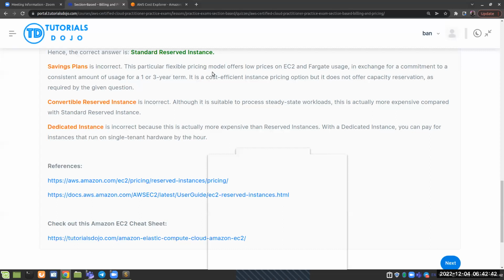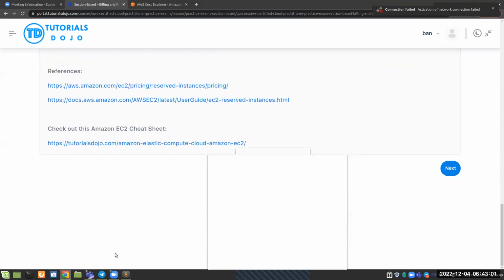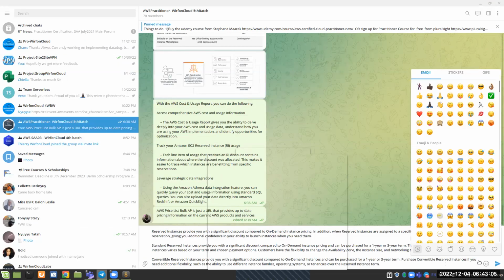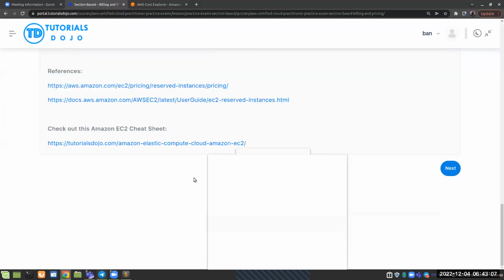It's a flexible pricing model that offers low prices on EC2 and other usage in exchange for a commitment to a consistent amount of usage. It's a cost-efficient pricing option, but it does not offer capacity reservation as required by the given question. But you should know what savings plans are, because you need that in other questions. Okay, let's move on.